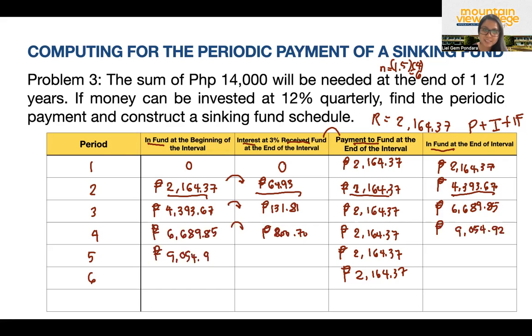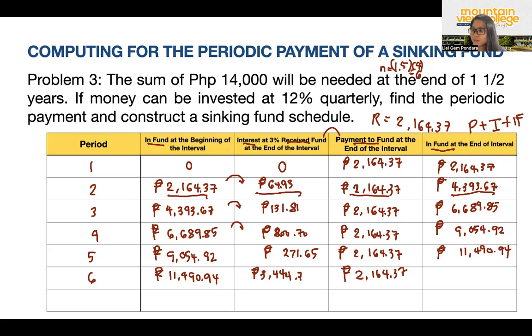Rovi, how much is the interest? 271.65. Vince, total savings. 11,490.94. Let me copy that again. Rovi, last interest. 344.73.